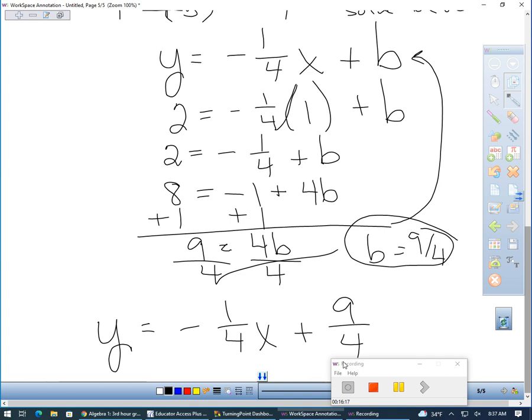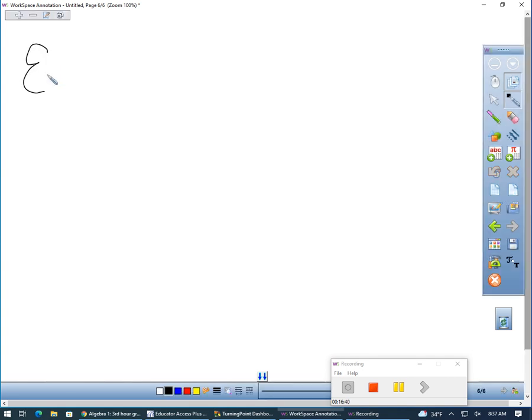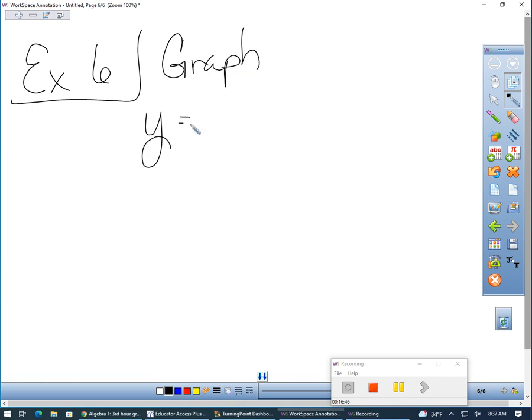Last example. Last example, and this is probably what you guys remember the most from last year. So this is example 6. Graph y equals 1/3 x plus 2.